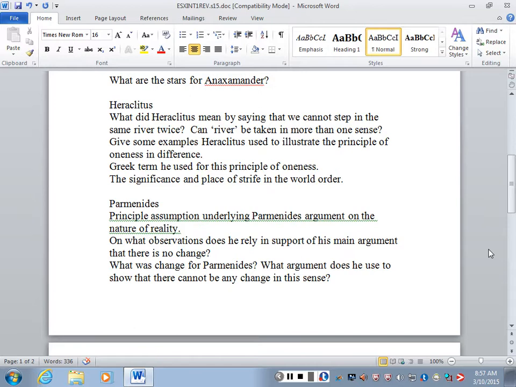A road can have the two opposite qualities of going up and going down. The same pen can write both a straight or a crooked line, two opposite lines. So the Greek term he used for this principle of oneness is the word logos.